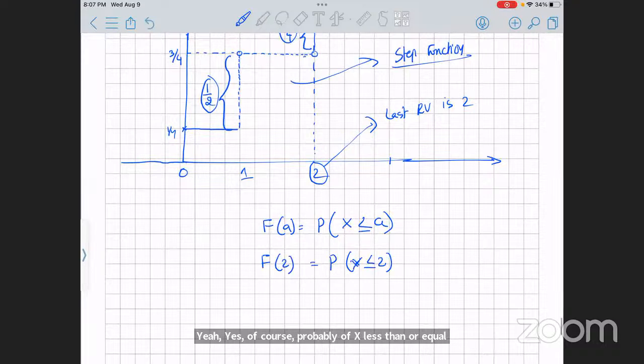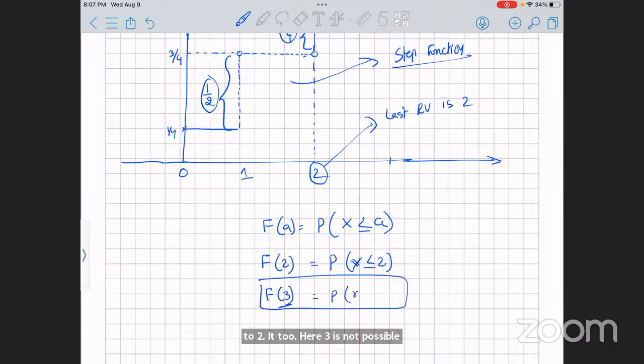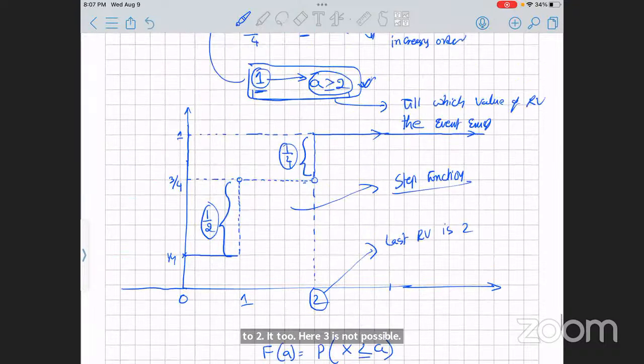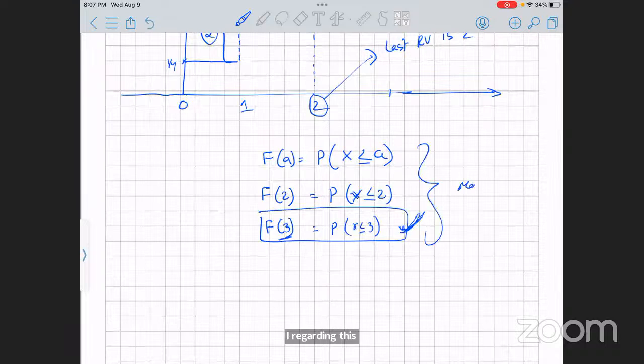Suppose F of 3 means, look, here 3 is not possible, so P of X less than or equal to 3, but till 2 there are values. That's why we'll put it here. Are you getting this? Yes. Got it. Nothing more than that is possible. Mathematically, it will carry the value. Clear? Thank you.